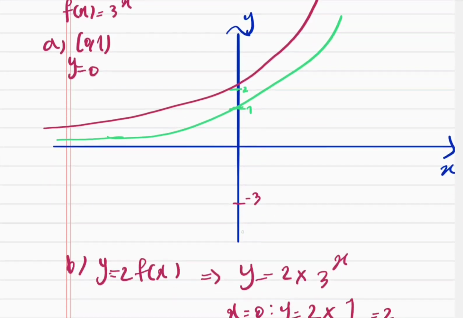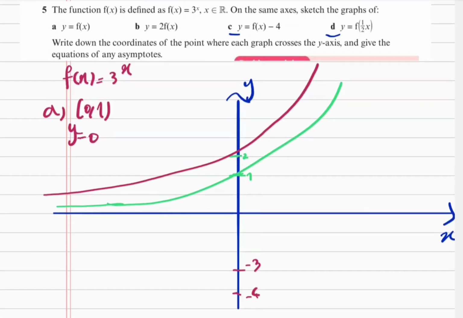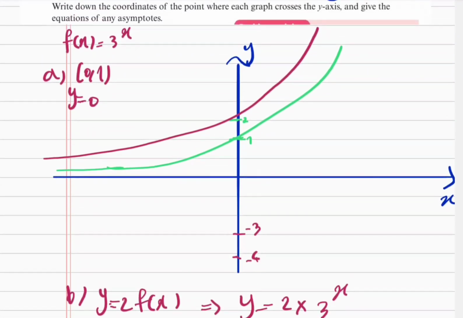Another thing to be careful about is the asymptote. The asymptote of f(x) is at y = 0, and now that we shift this 4 units down, the asymptote shifts to y = -4. That's very important for this part.